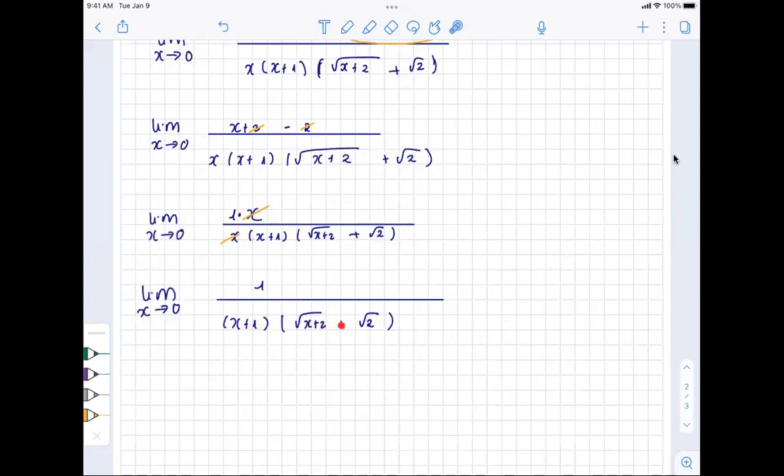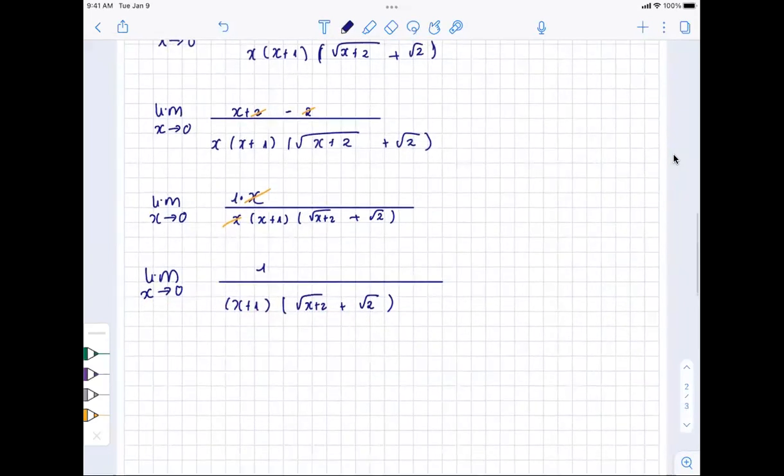Now you can do direct substitution, because if you substitute 0 for x, the denominator is fine. So substituting 0 for x, that is going to be equal to 1 over 0 plus 1, which is 1, times the square root of 1 plus 2, which is 3, plus the square root of 2.